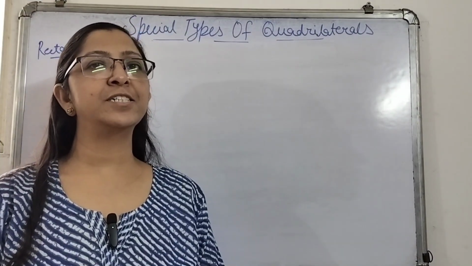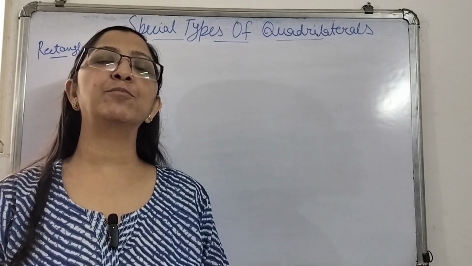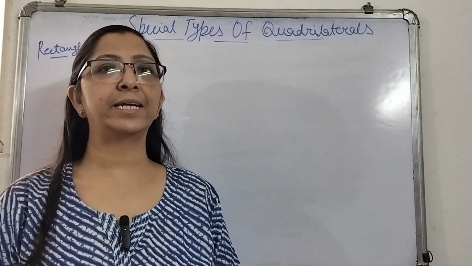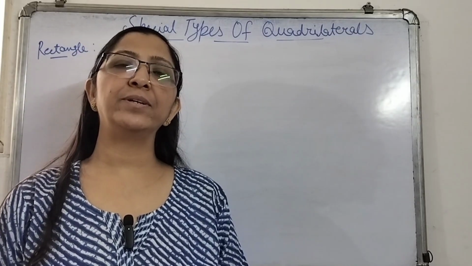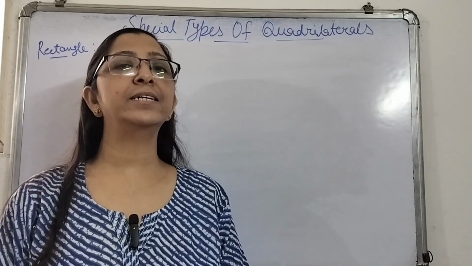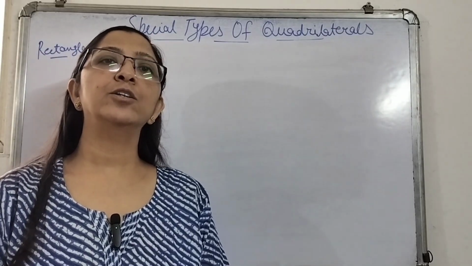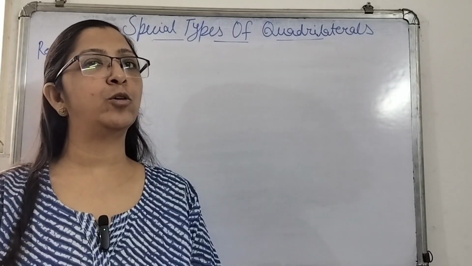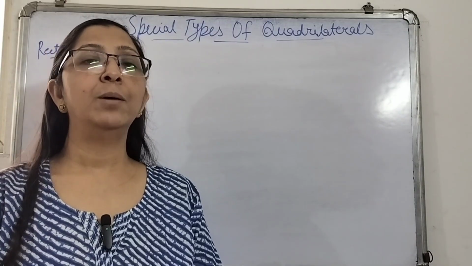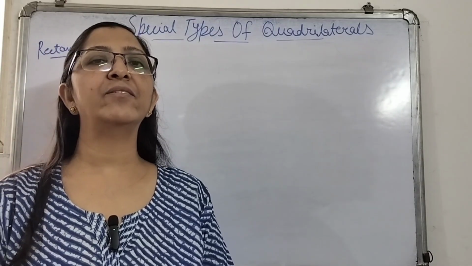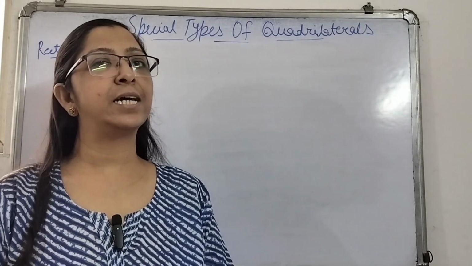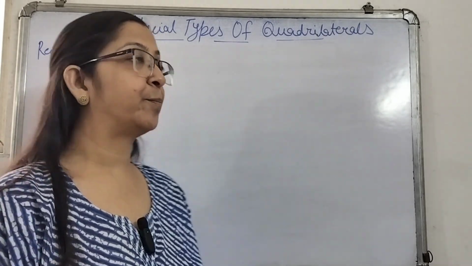Now let's understand some of the properties of a special type of parallelogram, that is the rectangle. As it is a parallelogram, whatever properties a parallelogram has, the same properties will be followed by a rectangle also. But along with that, it has some more properties. Let's understand what these properties are.